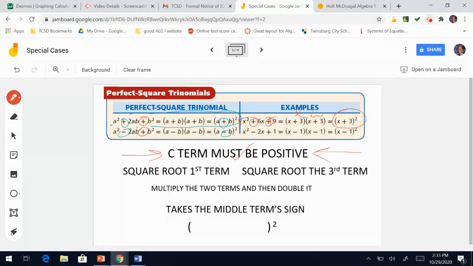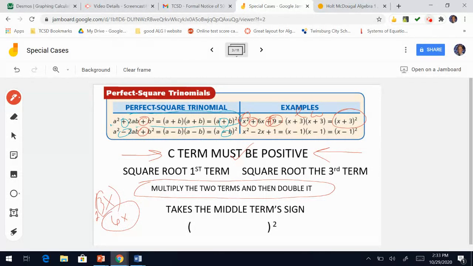And the thing that I need to bring to your attention is right here. Multiply the two terms and then double it. So when we said the square root of x squared is x, the square root of 9 is 3, we have to double that. What's 2 times 3? 6x.